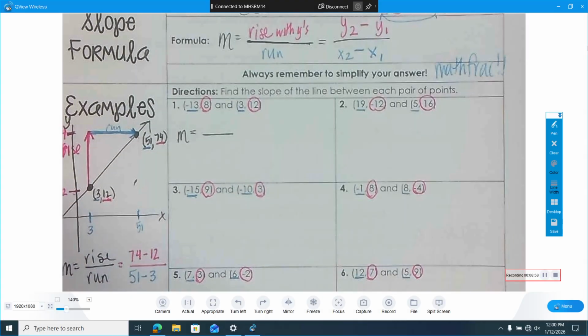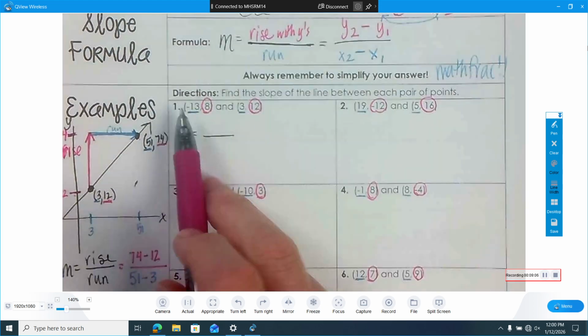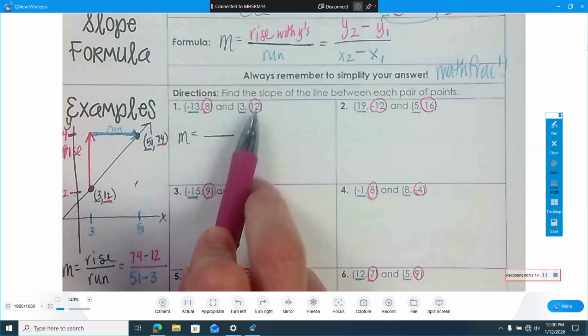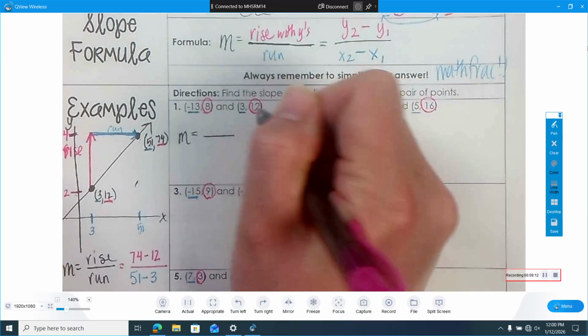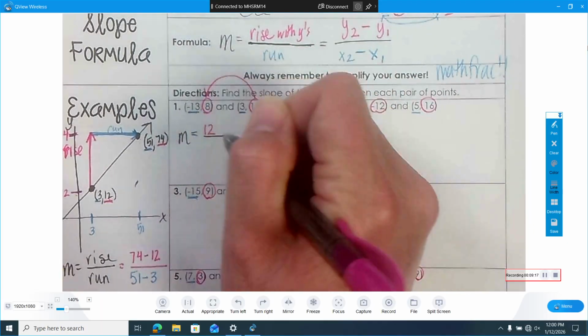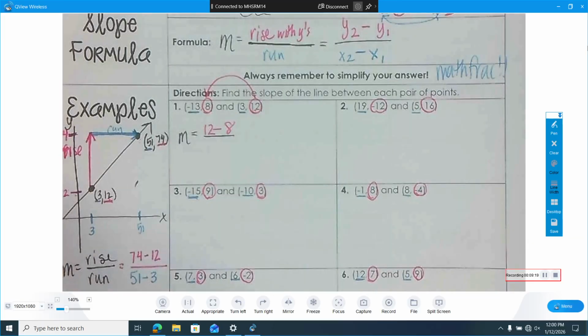Now hopefully with me spending a little bit of time, you guys will understand this and be able to do it right every time. So here we go. We have our first ordered pair and our second ordered pair. And I'm always going to start with the second ordered pair. So I'm starting here with the 12, and I have to subtract the 8. So on the top, you're going to write 12 minus 8.